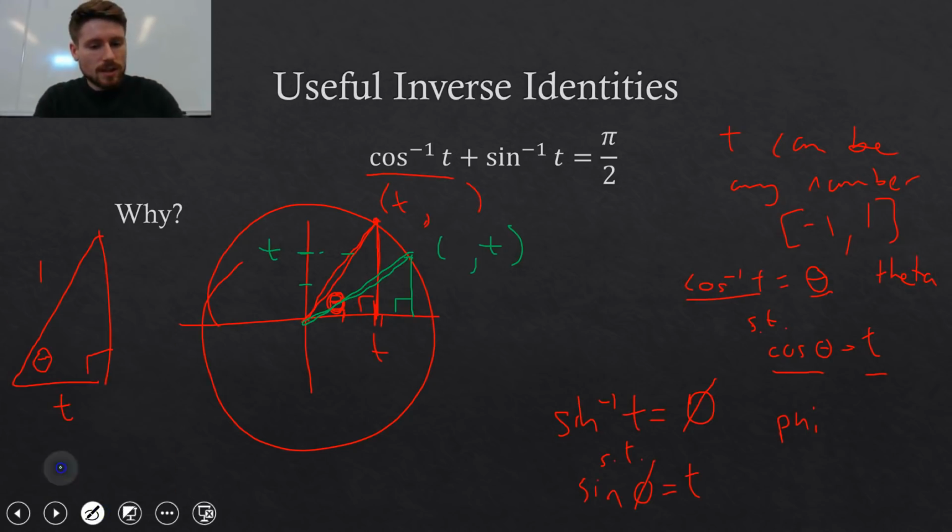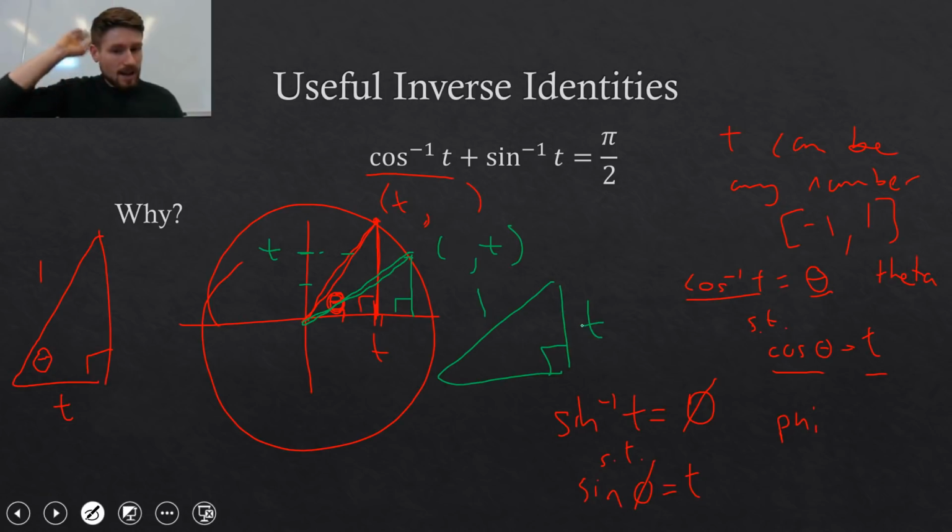So let's look at the green triangle over here. Again, side lengths are 1 and t, and this is phi right here. Let's try to copy these angles around. Where should they go?